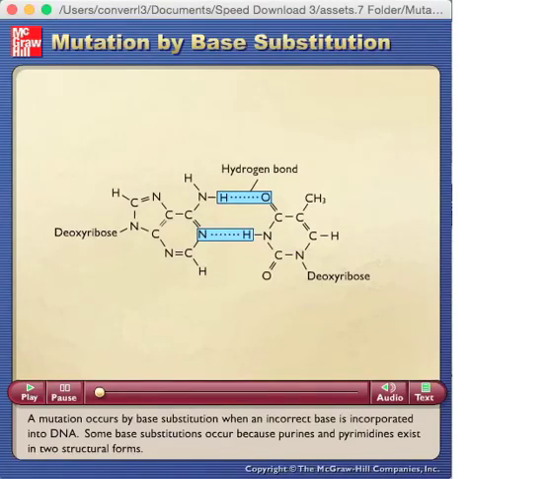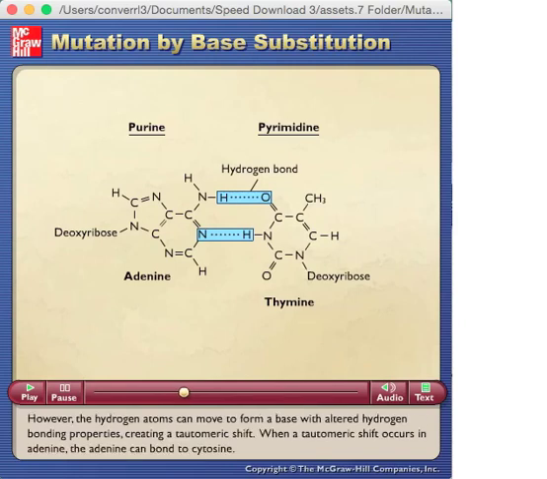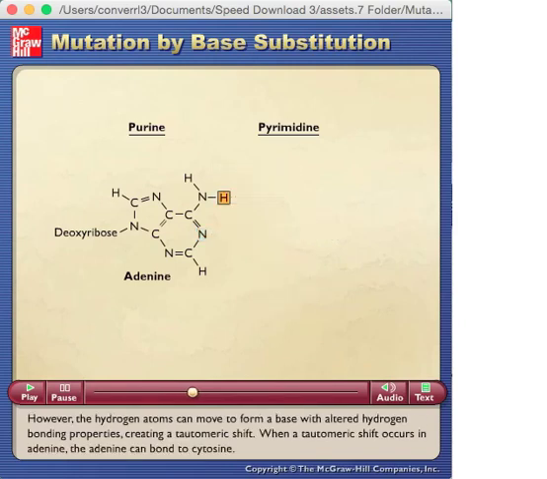A mutation occurs by base substitution when an incorrect base is incorporated into DNA. Some base substitutions occur because purines and pyrimidines exist in two structural forms. The most common form results in base pairing between adenine and thymine and between guanine and cytosine. However, the hydrogen atoms can move to form a base with altered hydrogen bonding properties, creating a tautomeric shift.